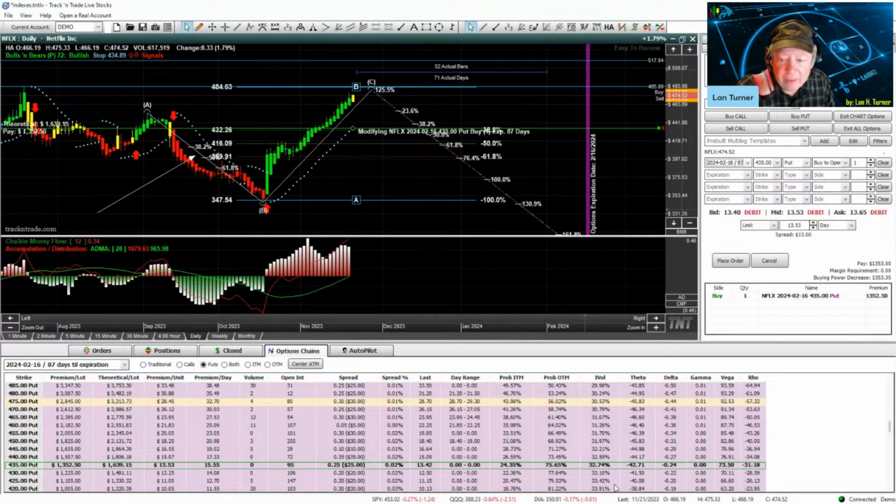The delta on that thing is 24. Okay, so you see down there in the window, it's 24. So the delta on that one that I just dropped on the screen is a delta of 24, meaning it's going to make or lose the same amount of money as if I had 24 shares or 24 cents on the dollar. Okay, but I don't have to pay as much for it.